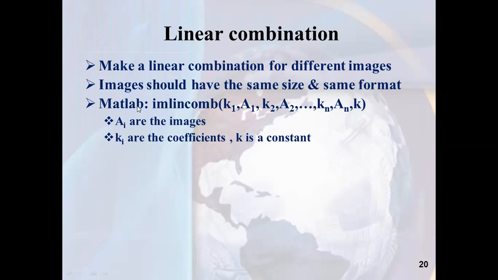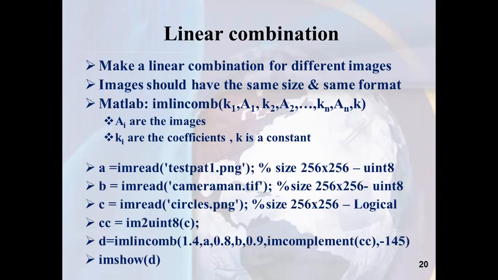And in this function, we can have as many images as we need. We can have 10 images, 12 images, 3 images, as many as we want. Here I take 3 images: test pattern with size 256 and type integer 8, cameraman size 256 times 256 and type integer 8, and circles also 256, but it's logical.